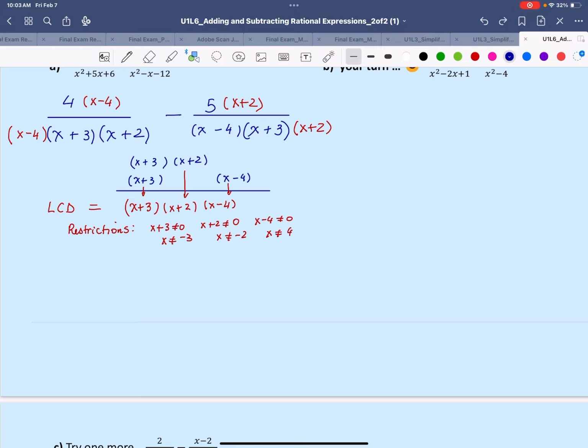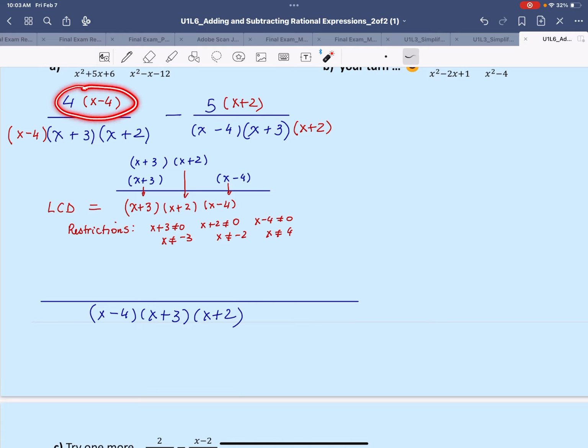All right, so x minus 4, x plus 3, x plus 2. That's the lowest common denominator. And in the numerator, we have 4 times x minus 4. So feel free to start expanding in here, which means we'll have 4x, and minus 4 times negative 4, negative 16.